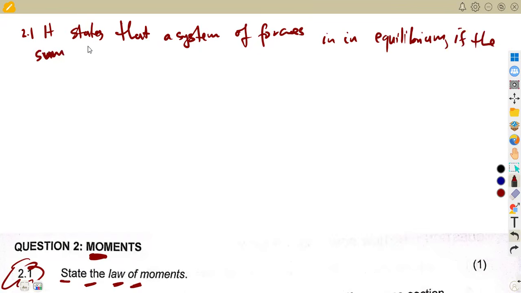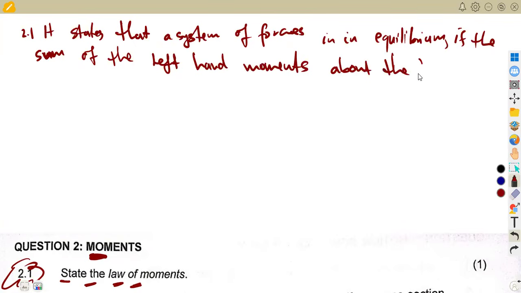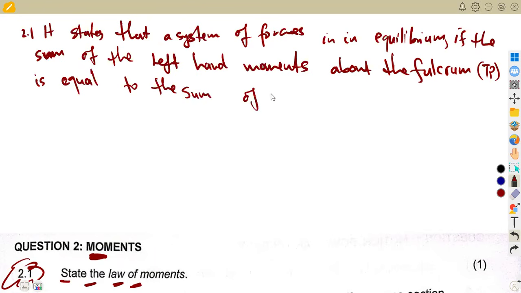if the sum of the left hand moments about the fulcrum, which is our turning point, is equal to the sum of the right hand moments.